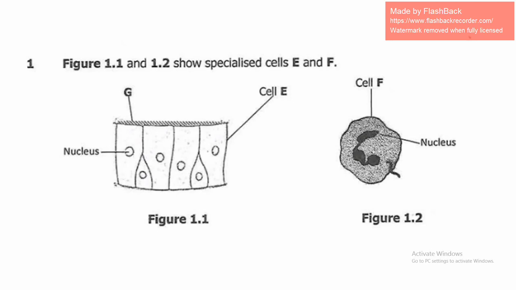The importance of the absence of the nucleus in a red blood cell comes from its function. Red blood cells' main function is to carry oxygen. So the absence of the nucleus makes it easy for the adaptation of oxygen in the lungs.